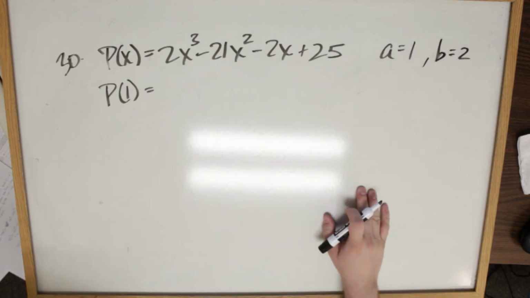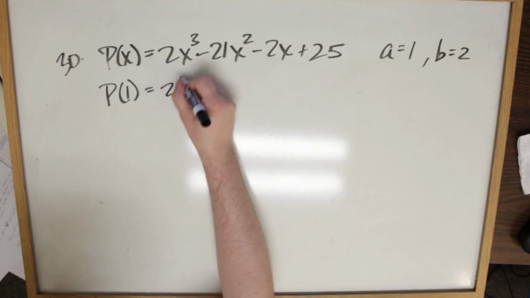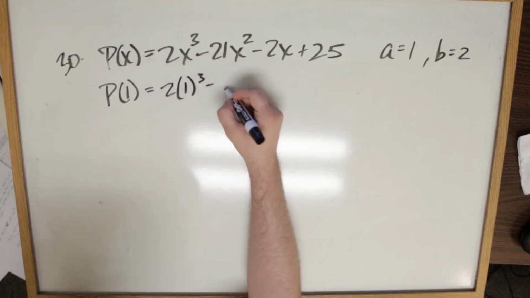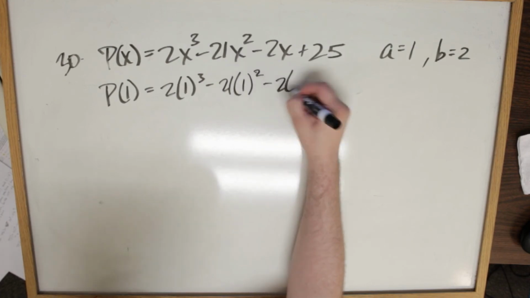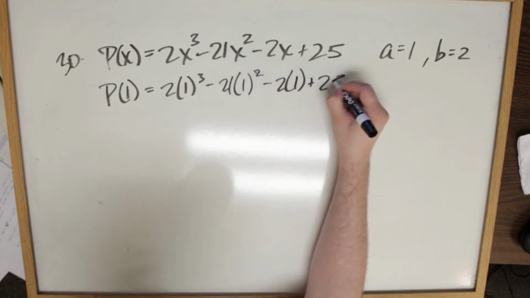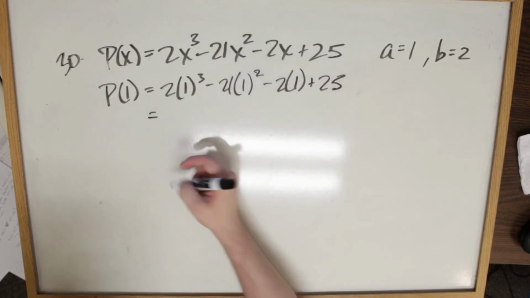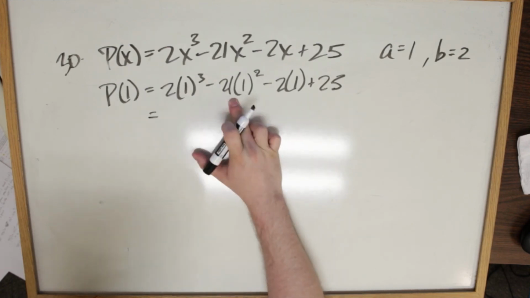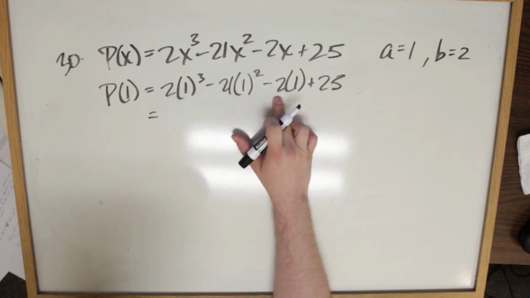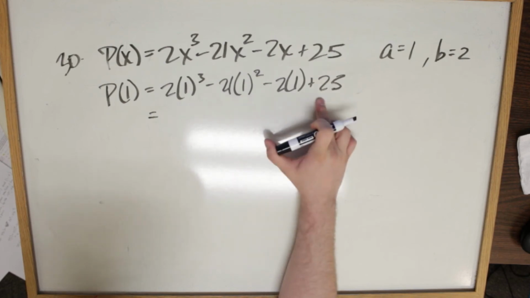P of 1 is 2 times 1 cubed minus 21 times 1 squared minus 2 times 1 plus 25. This is 2 minus 21, which is minus 19, minus 2, which is minus 21, plus 25, which equals 4.